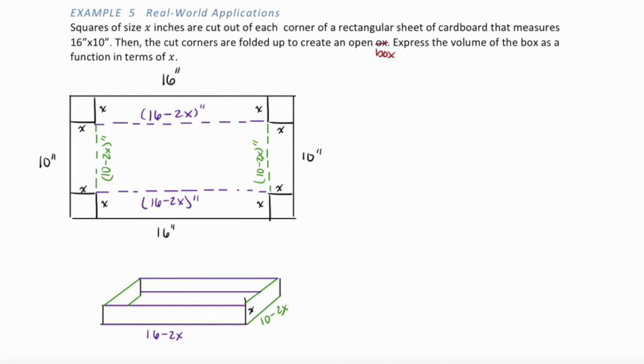Let's recall from algebra, the volume of a rectangular box can be expressed as base times height times width. So in this case, we want to express the volume of a box as a function in terms of x. So we want the volume of x, V of x, to equal some function of x that relates the base, the width, and the height.